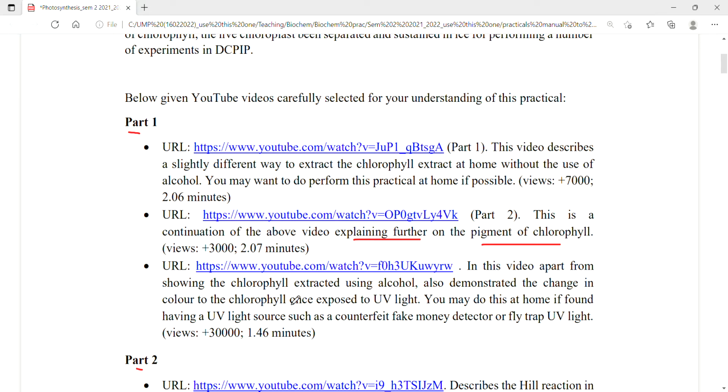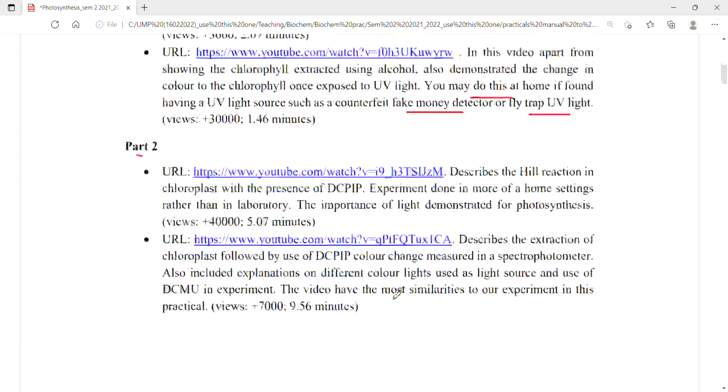Again, you may do this at home, but you need certain specialized apparatus for UV light. Maybe you can use a fake money detector if you have one, or a fly trap UV light can also be utilized in this home experiment. But again, it's optional. It's not necessary for you to conduct it.